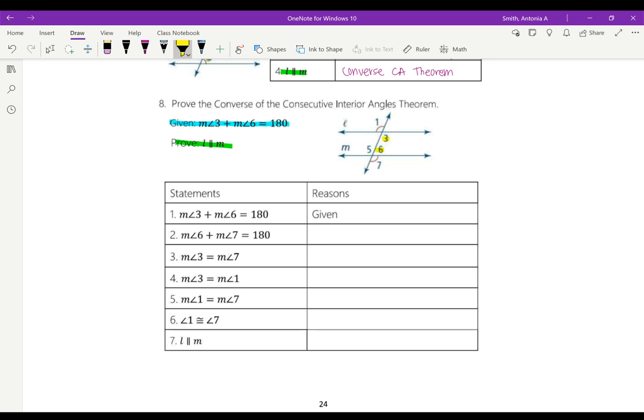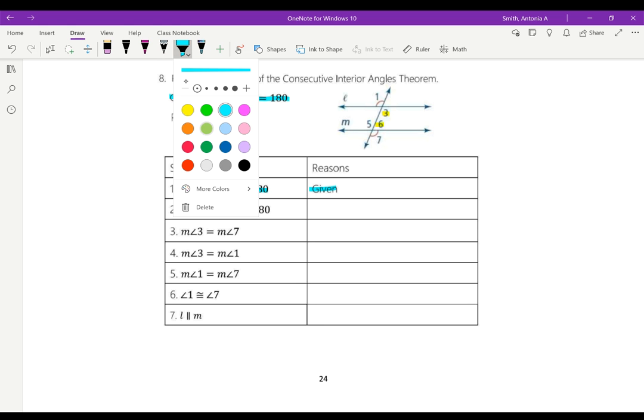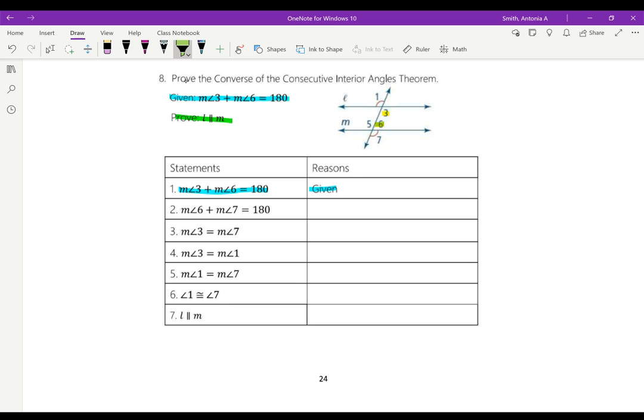So the first one is already done for us because it's always the same, right? Our given information. Now statement number 2 says that the measure of angle 6 plus the measure of angle 7 equals 180. So I'm going to highlight 6 and 7 in my picture here. Here's 6, here's 7. What do we know about those two angles?